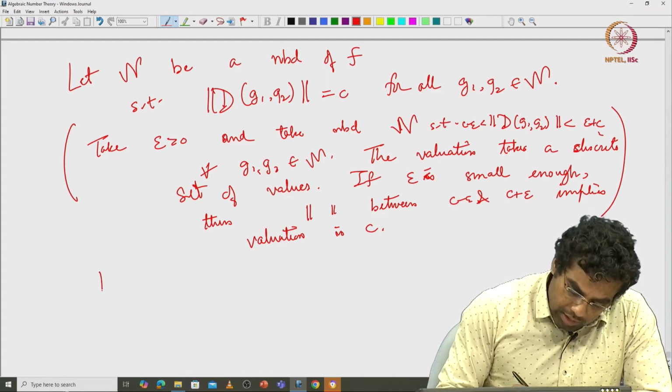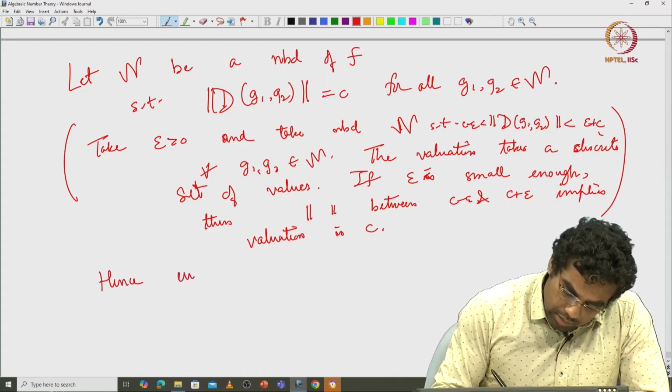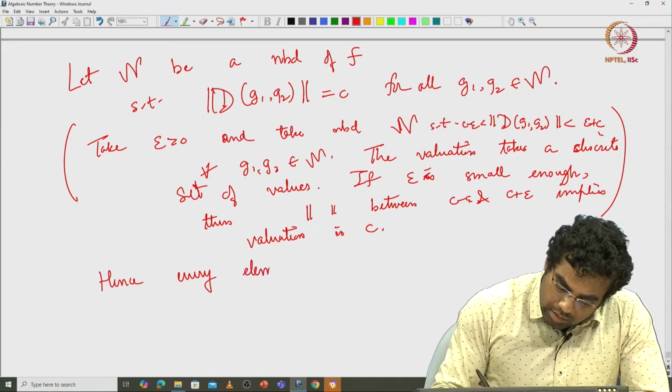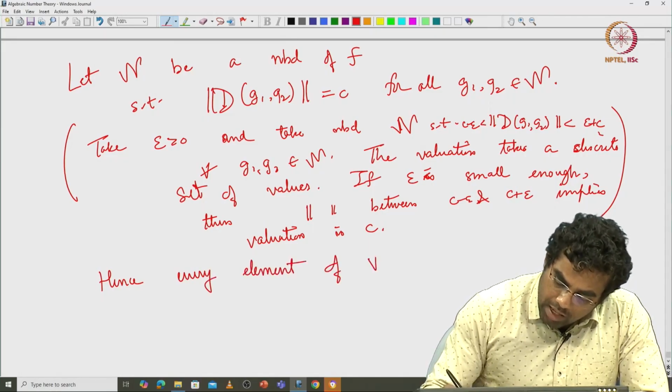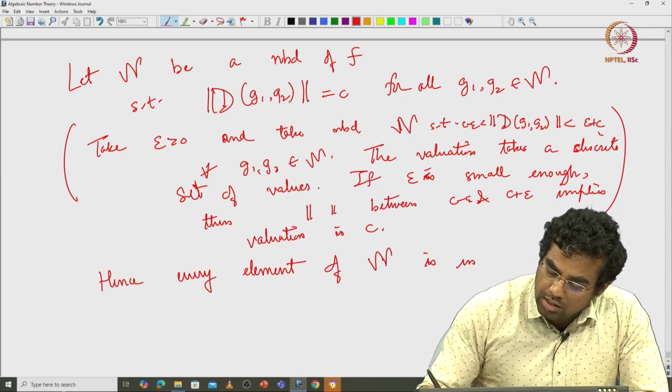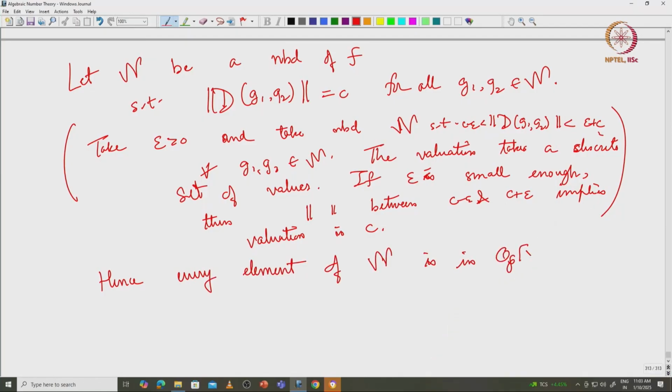So, in particular every element of N is in O_p of x, right. Otherwise, you would not have this condition when you take G1 to be f and G2 to be g for this element g.